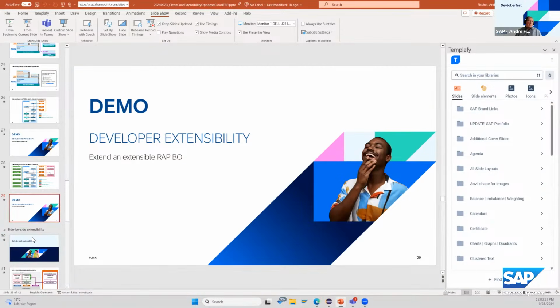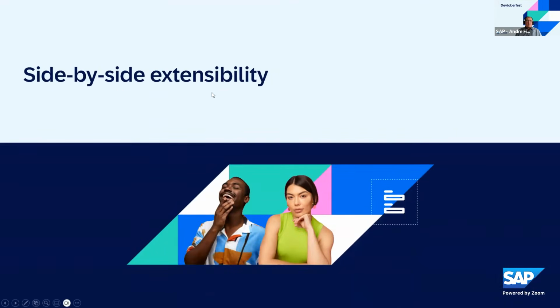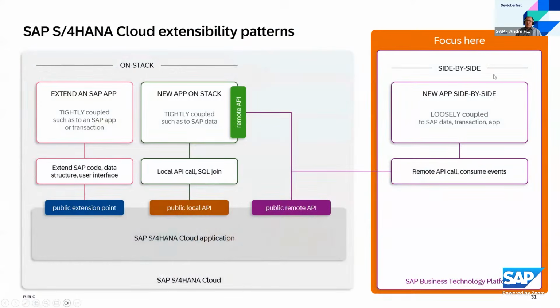So the last thing you can do is a side-by-side extension. That would be where you would build an app side by side. That's the use case of a loosely coupled integration.